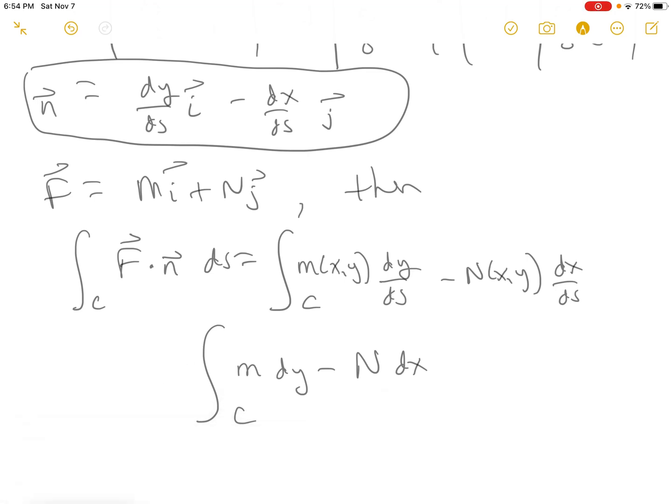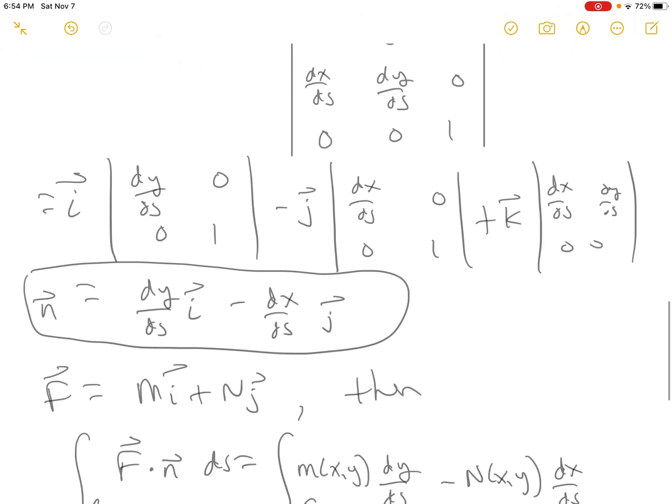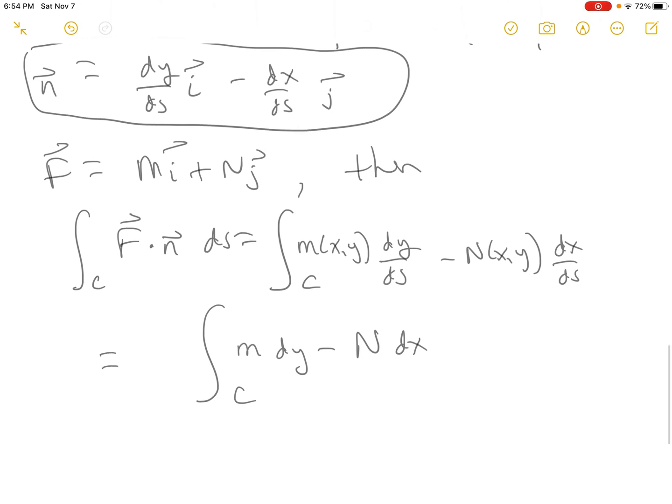And now we add this cool new thing to our repertoire of integration. And this was the, let me get this right, counterclockwise. So this integral goes around the curve in the counterclockwise direction. So you put a little arrow on there. It's an o-int is what we say in LaTeX, right?